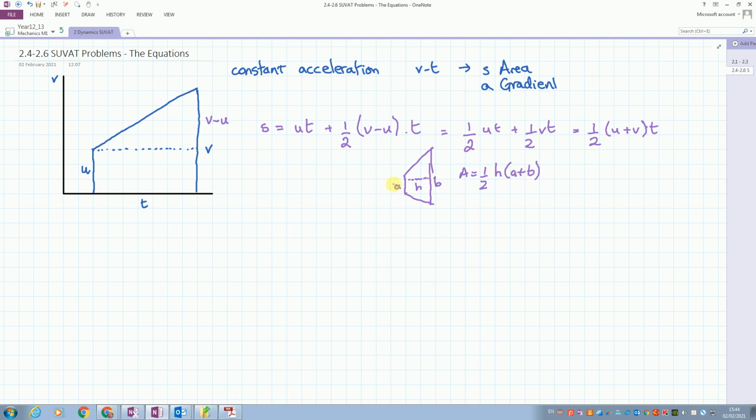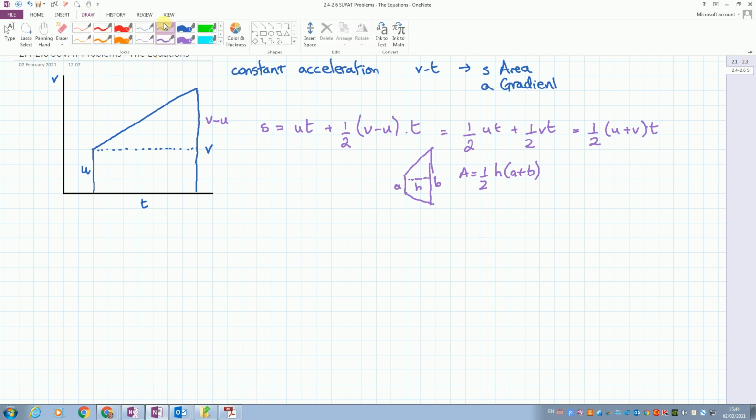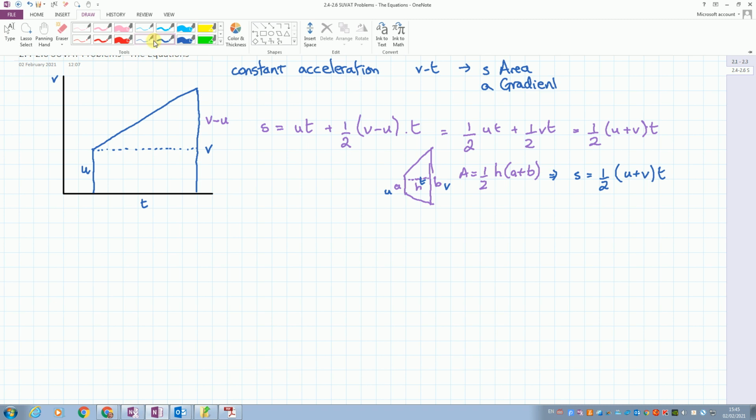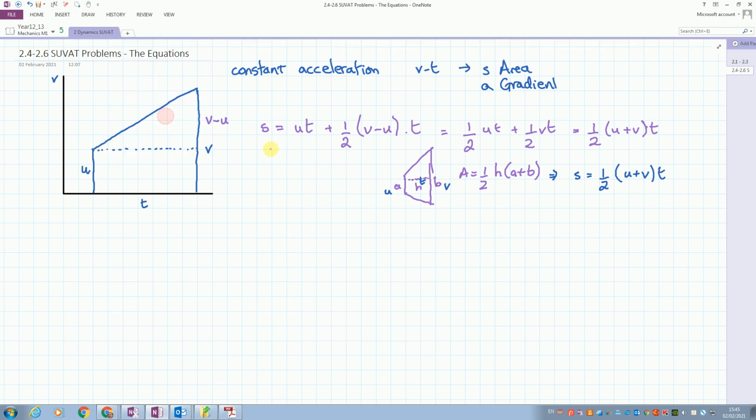Now, if we butt these up, we've got height U, which we would relabel as U, V, and T, and that would lead us to S equals 1/2 (U plus V), and H is T. So we've got the equation two ways: one from doing two separate sections, and the second from the area of a trapezium.